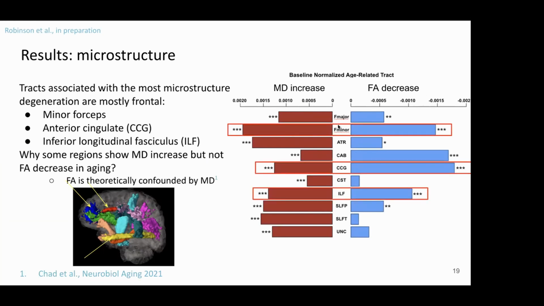The main structures following this trend include the minor forceps, which are again in the front of the brain, the anterior cingulate, and the inferior longitudinal fasciculus. As I show with the yellow arrows here, the majority of these tracts are in the front of the brain.